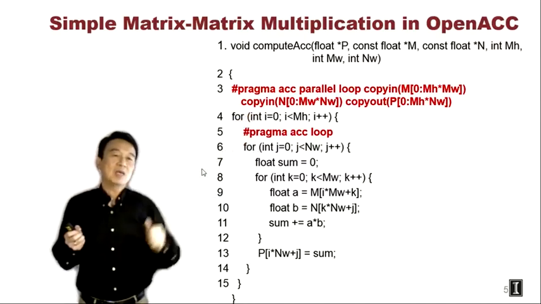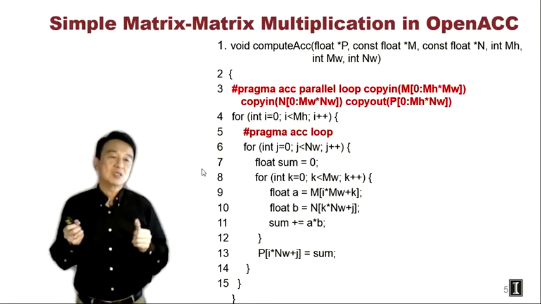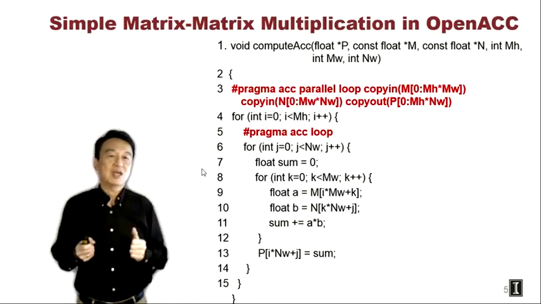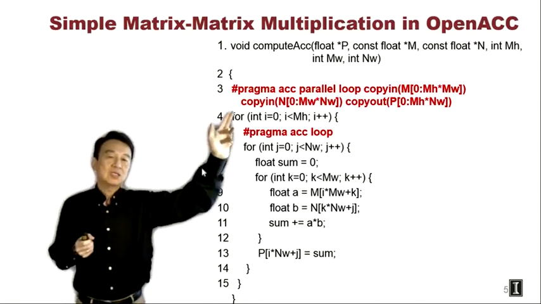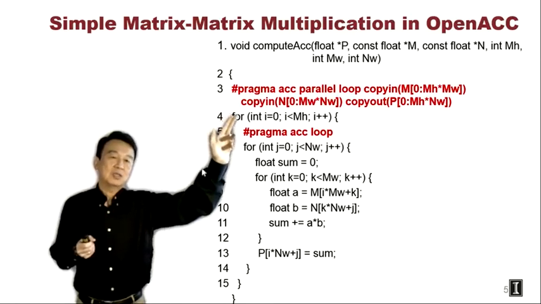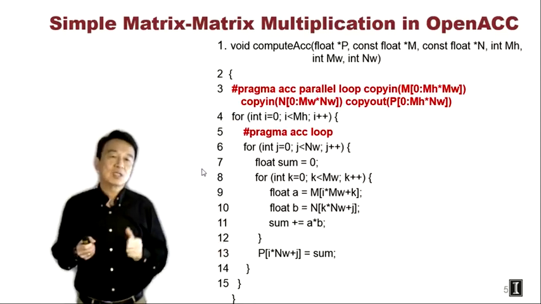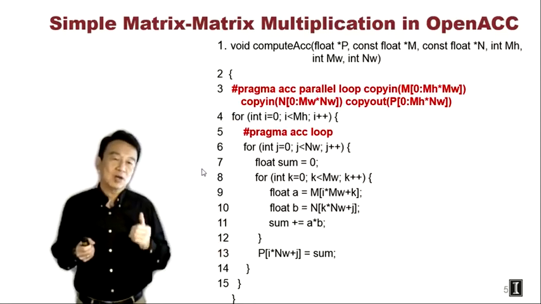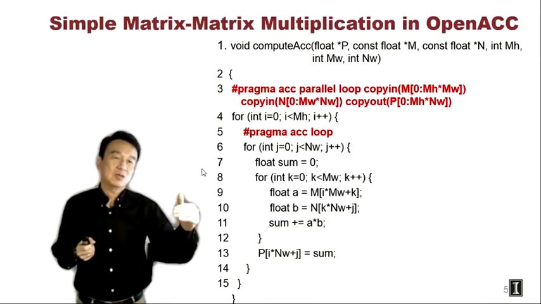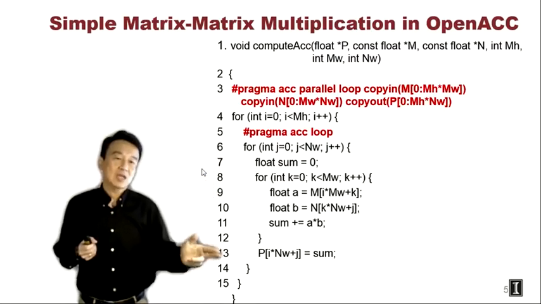And then for the copy out, we have P, and P is just the height of M and the width of N. So this pragma allows us to tell the compiler that the next loop should be parallelized. And we need to copy in all this state, both M and N, and copy out P before and after the execution.